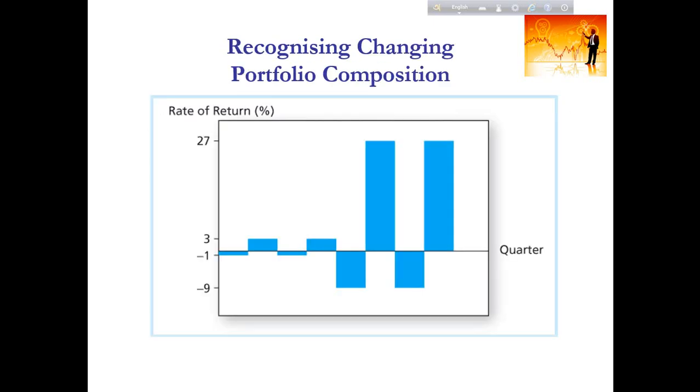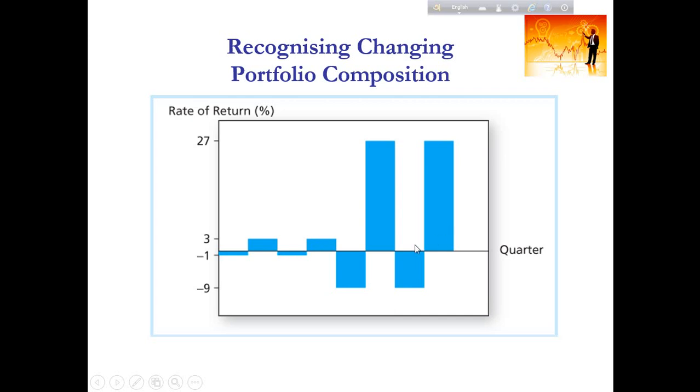So to identify problems associated with the change in composition, let's imagine we have the following example. Let's say we hold a portfolio for 2 years. In the first year, we construct the portfolio such that it is in low risk, low return assets. So the excess return in each quarter for the 4 quarters was 1%, -1%, +3%, -1%, and +3%.